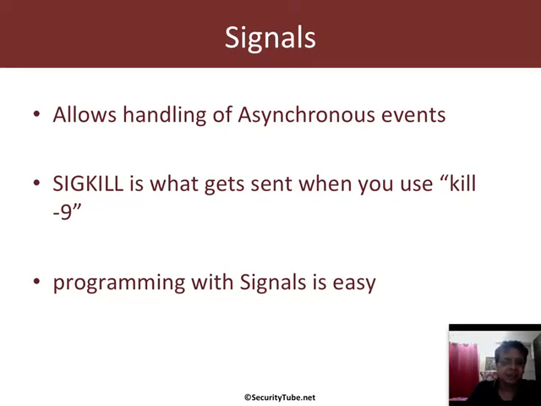Now, the signal which the process gets when you use kill -9 is called SIGKILL, and unfortunately any process which receives that immediately has to shut down, right? So even though this sounds pretty strong, signal programming itself is very uncomplicated and simple.